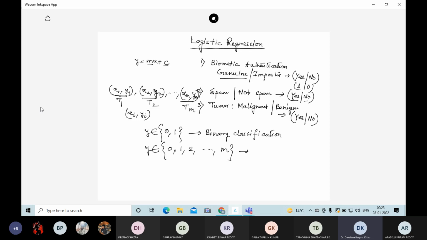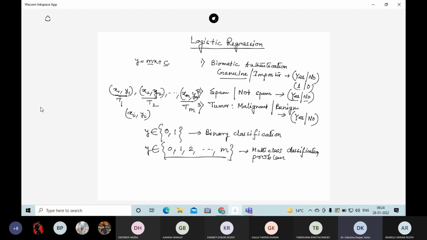That means for a particular individual or particular pattern or particular image, we have only one predicted value, and according to the closeness of the predicted value, we can assign any level between 0 and m. This is called the multi-class classification problem.